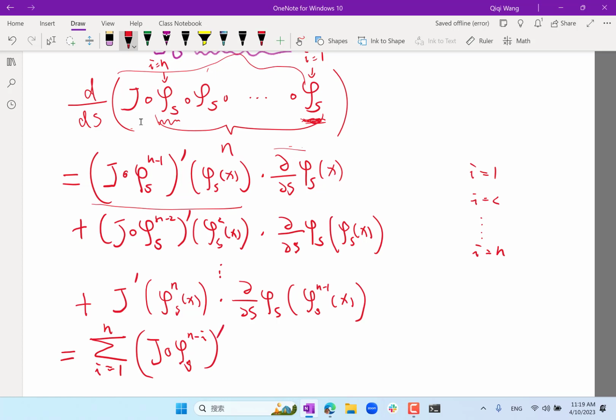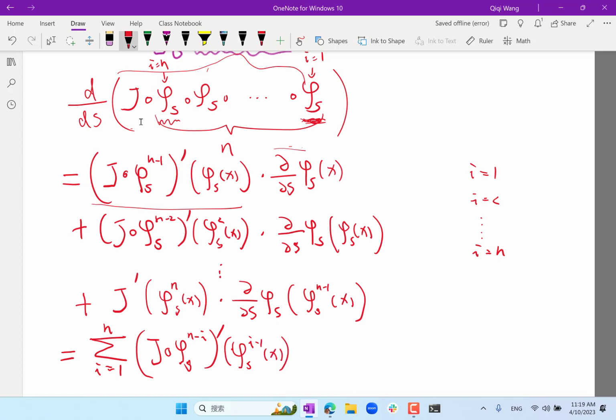So when i is equal to n, vs to the 0th power means there is no vs, it's just j prime, the derivative of j. Times, but this is evaluated at phi to the i minus 1th power x.